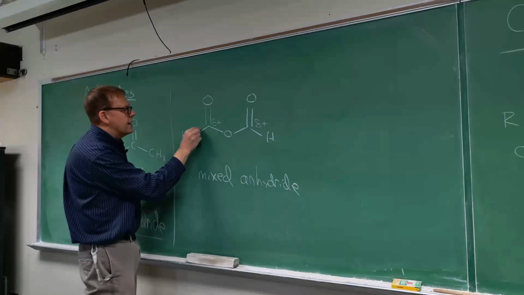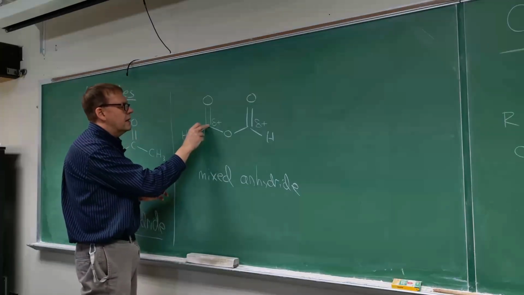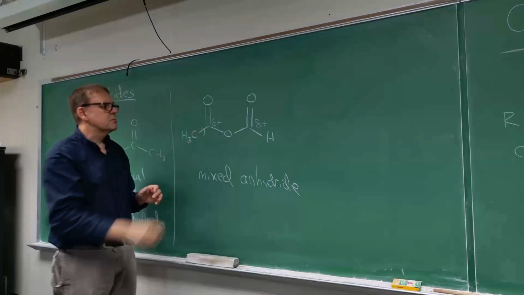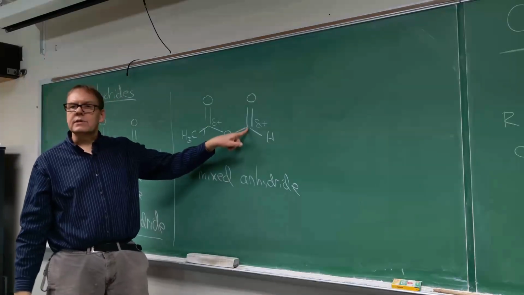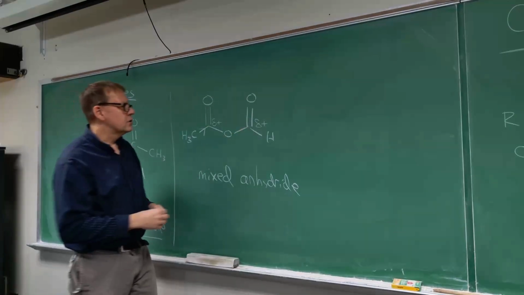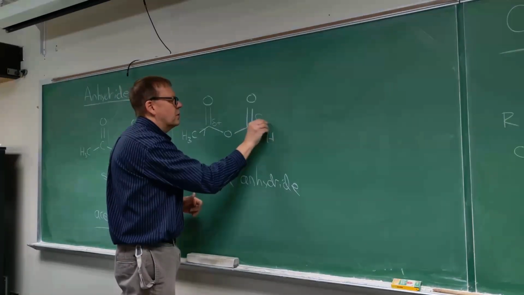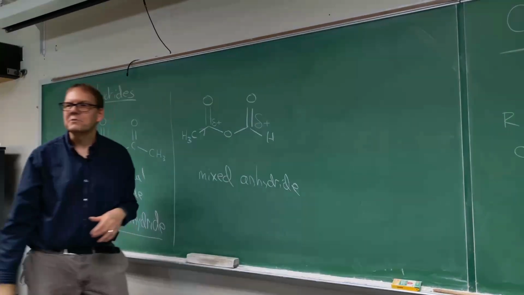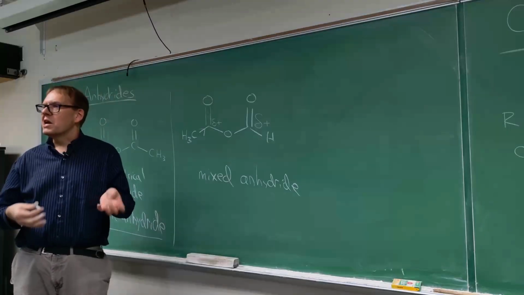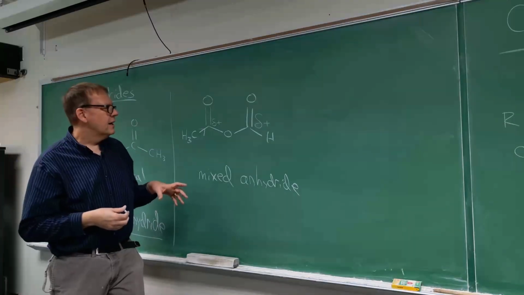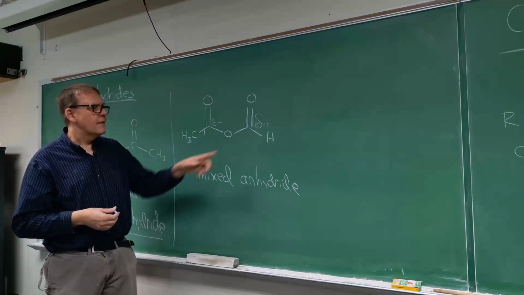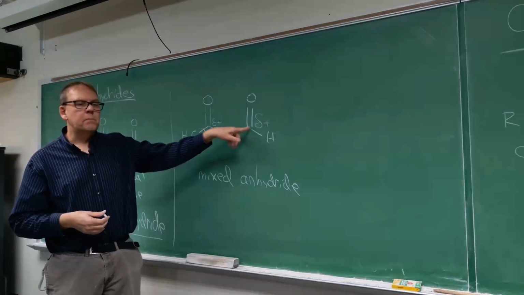The methyl group has a donating effect, which makes that partial positive charge a little smaller. So in this case, this one has a bigger partial positive charge. I'll try to qualitatively show this by drawing the partial positive a bit bigger. I don't know if it's an official way to do nomenclature, but it gets the idea across that that carbonyl carbon is more partially positive.